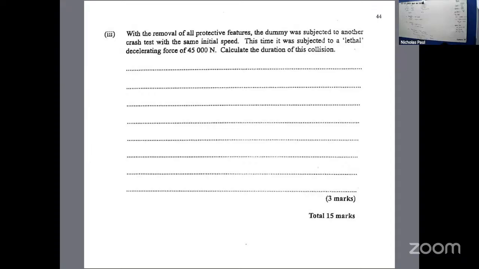With the removal of all protective features, the dummy was subjected to another crash test with the same initial speed.